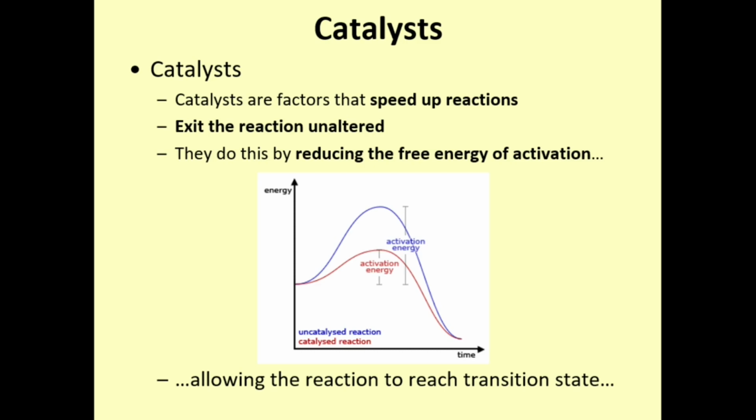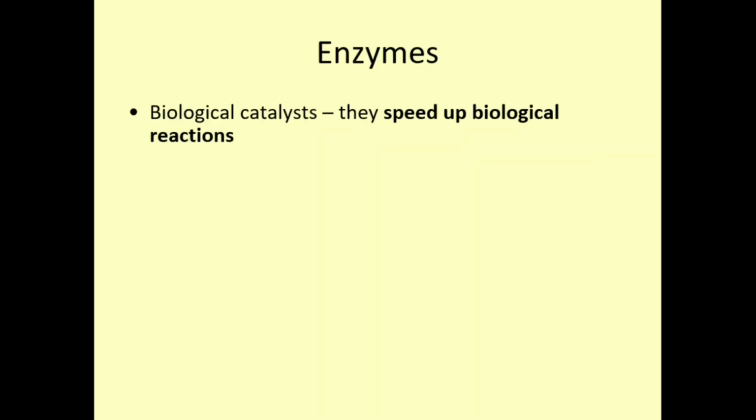So catalase will break down hydrogen peroxide in the body into water and oxygen. And we'll talk about that one again in a bit. Enzymes then are biological catalysts. They speed up biological reactions. Those are chemical reactions that occur within living organisms.